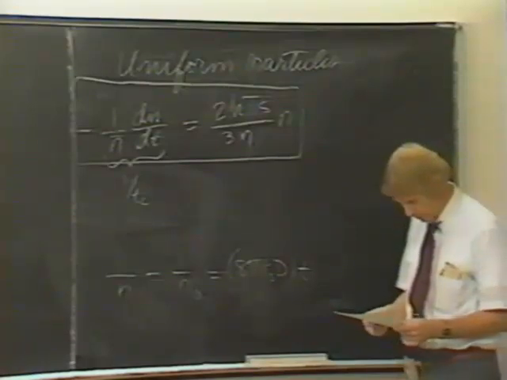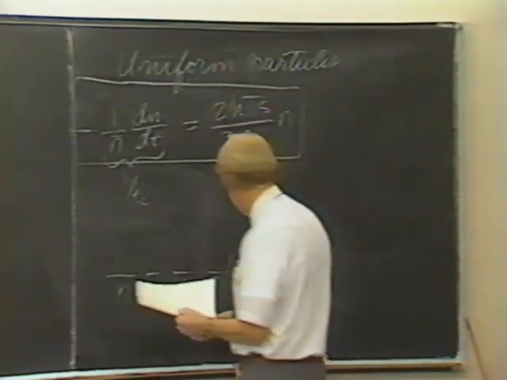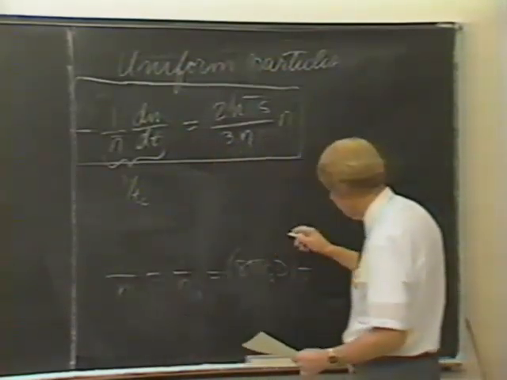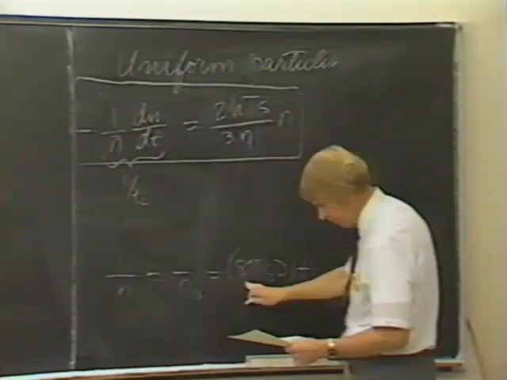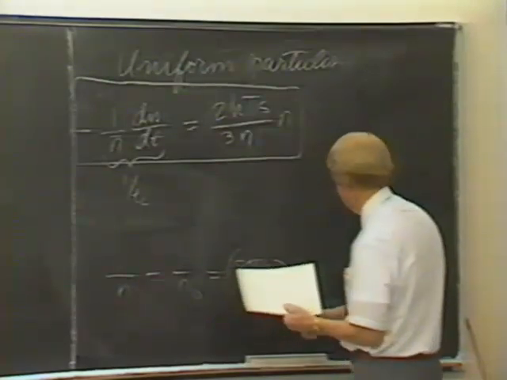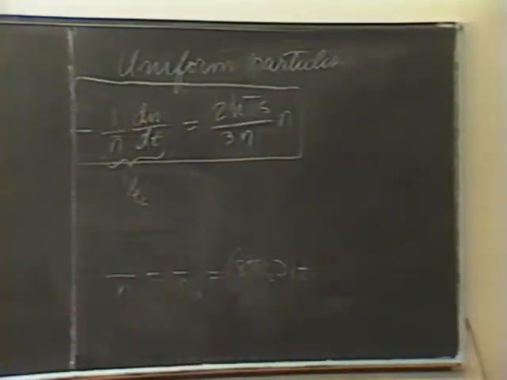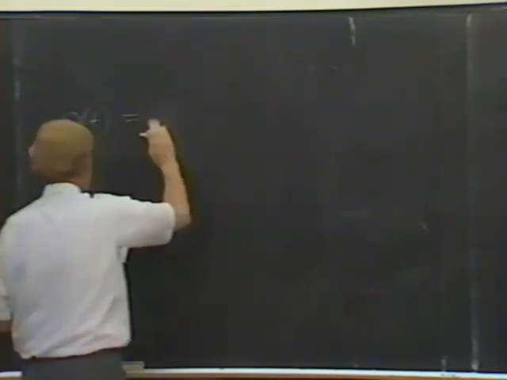Well, I'll not spend a lot of time at it, but we can put this back into its definition and rearrange this algebraically to find that N at any time t is equal to N0 divided by 1 plus t over t sub c.